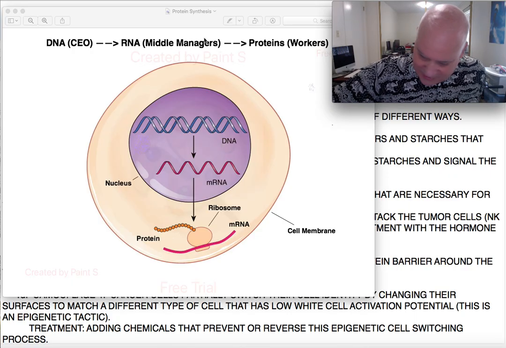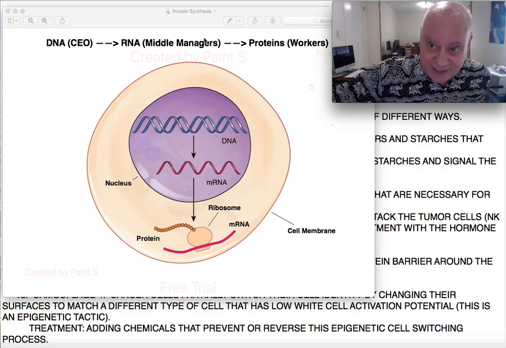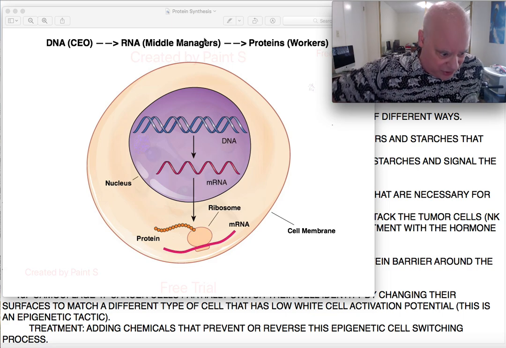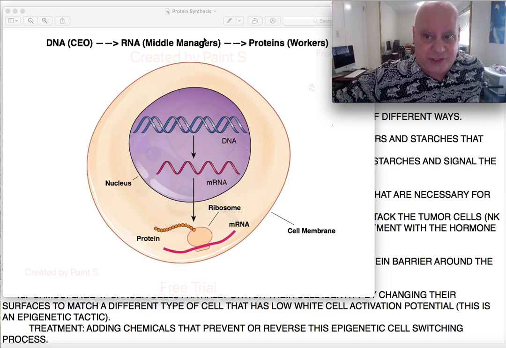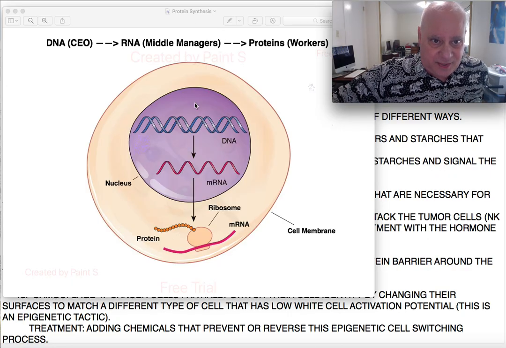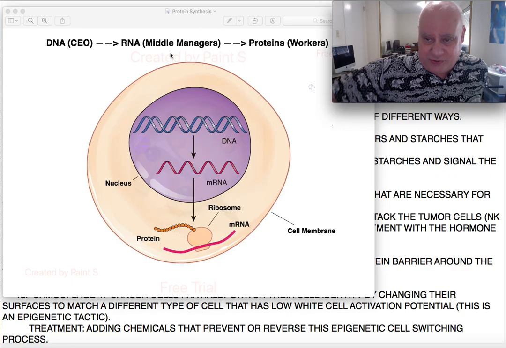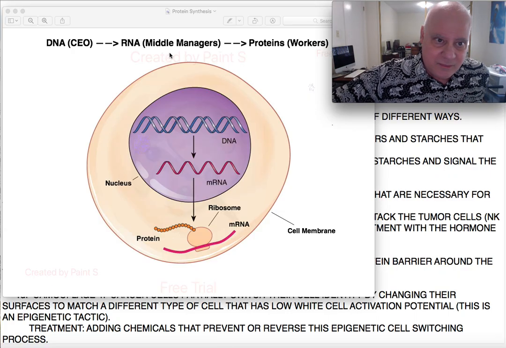They take their marching orders, their instructions from the DNA, from the CEO, and pass that along to the workers under their control who are working on one particular project for the business. And there's a bunch of different middle managers, each of them in charge of a different aspect of the business and their own working group.